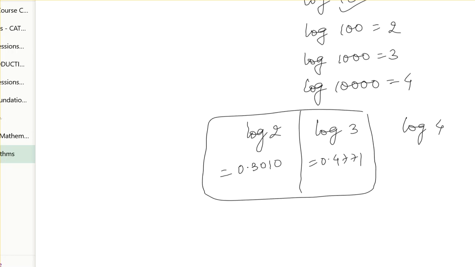I am giving you these two values. Now using these two values and the laws of logarithms, we have to determine other values.